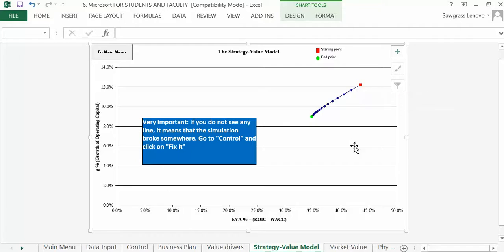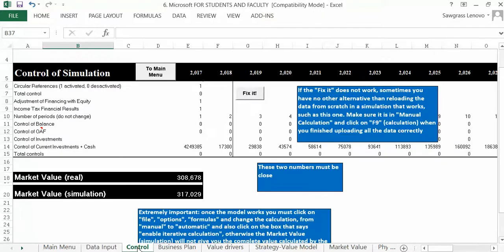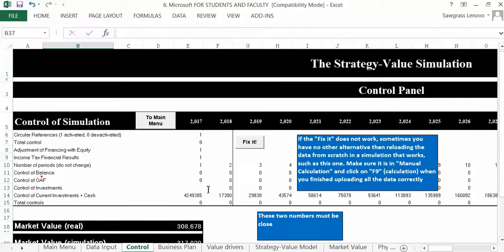This is something interesting. If while you are doing your data input you realize that these graphs disappear, you have to come here to Control. In Control, you will see that you will have many options, like divided by 0 or whatever.